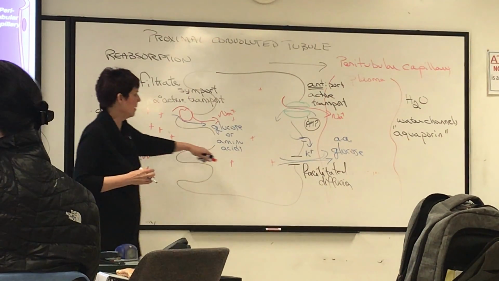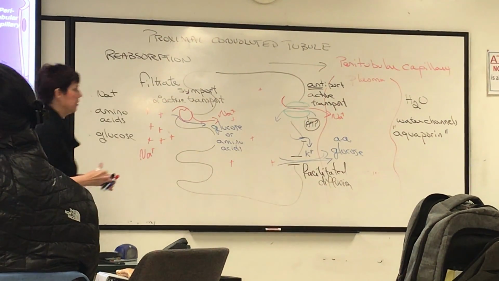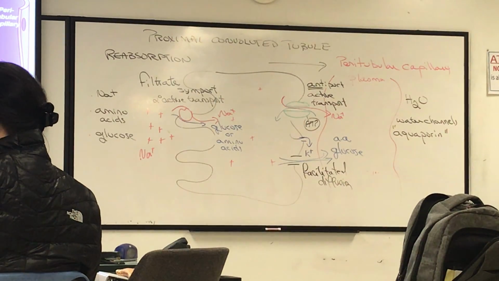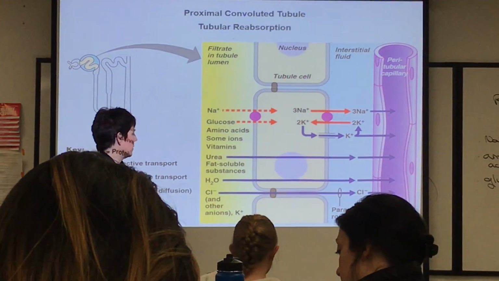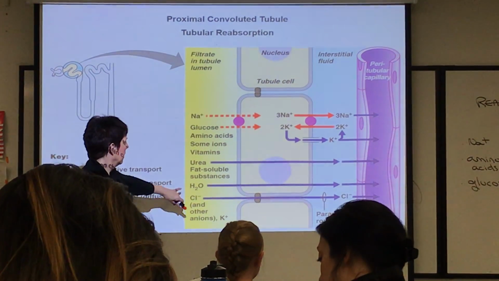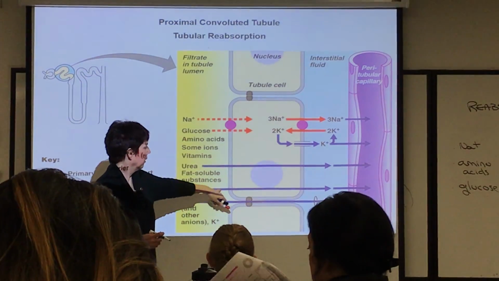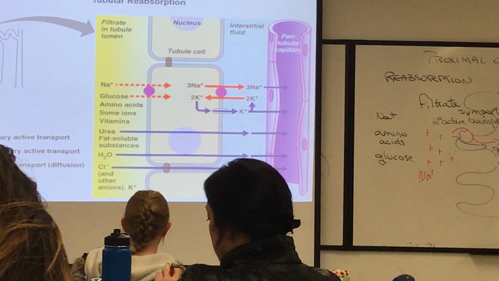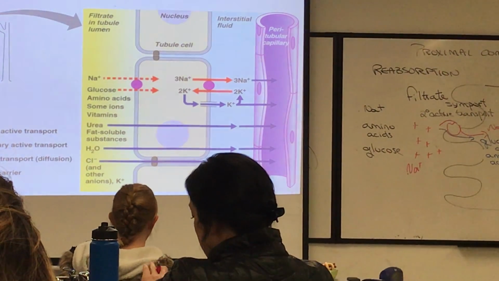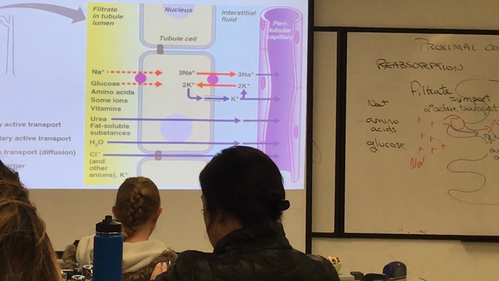All right, so water can move through the water channels, the aquaporins, driven by the sodium. So wherever the sodium goes, the water's going to follow because of osmosis. All right, so here's the water going. It's not showing the aquaporins, but they are there.